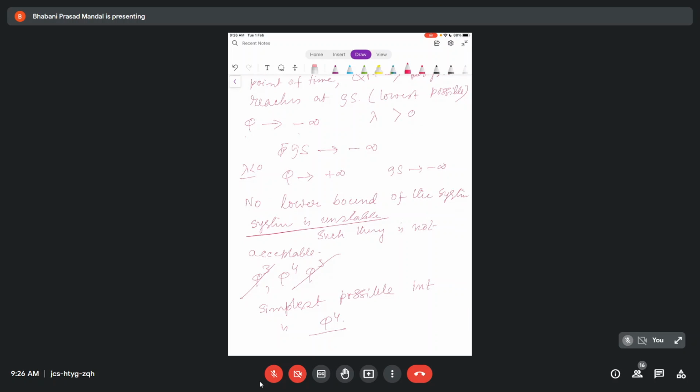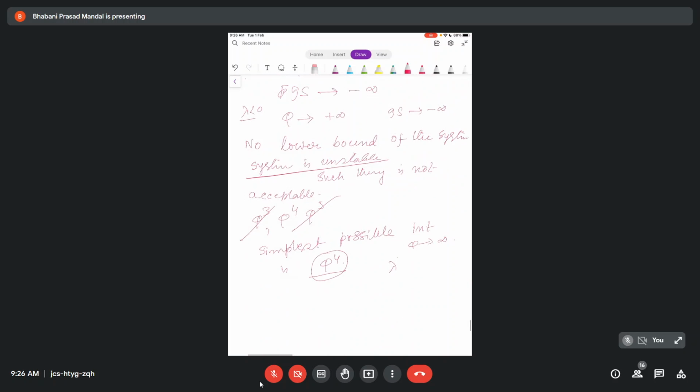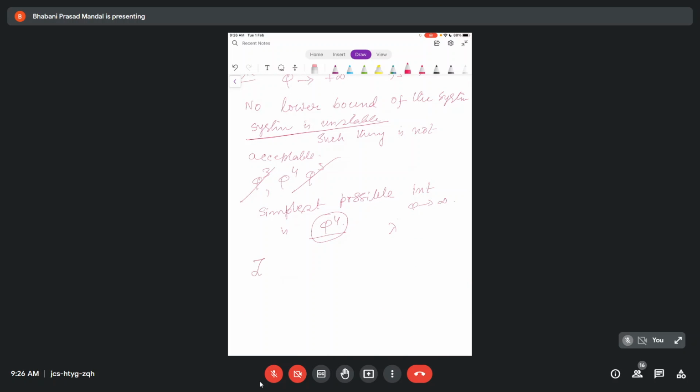Phi will always go to infinity, either minus infinity or plus infinity, and this term will always go to plus infinity. So if my Lagrangian term is lambda phi to the power 4, let me write again: half del mu phi del mu phi minus m squared by 2 phi squared minus lambda phi to the power 4.